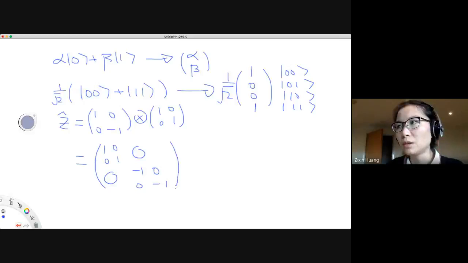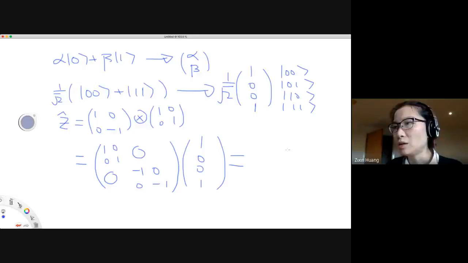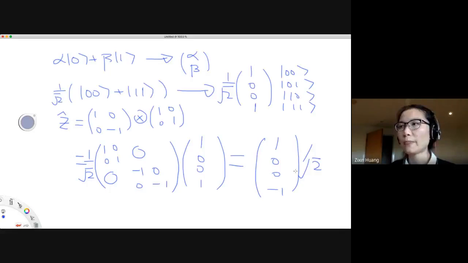Okay? So this thing acting upon 1, that should be obvious. That this becomes, let's normalize, a 1, 0, 0, minus 1 with a factor of square root 2. So that's that exercise.